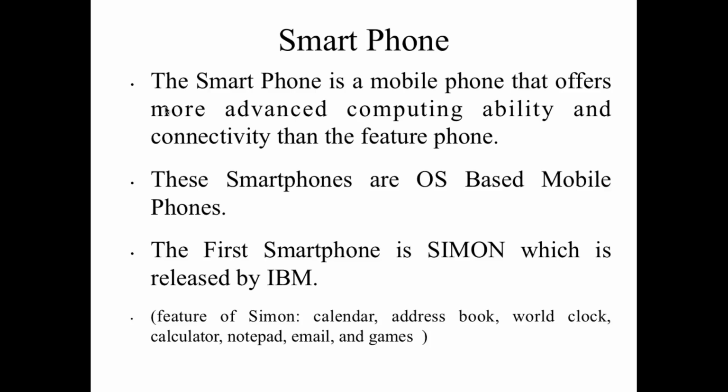It is called Simon. At that time, the features available in this Simon smartphone were only a calendar, address book, world clock, calculator, notepad, email, and games. At that time, if any phone had these features, it was called a smartphone. But nowadays we can get all these features in a feature phone, because the meaning of a smartphone keeps changing day by day.